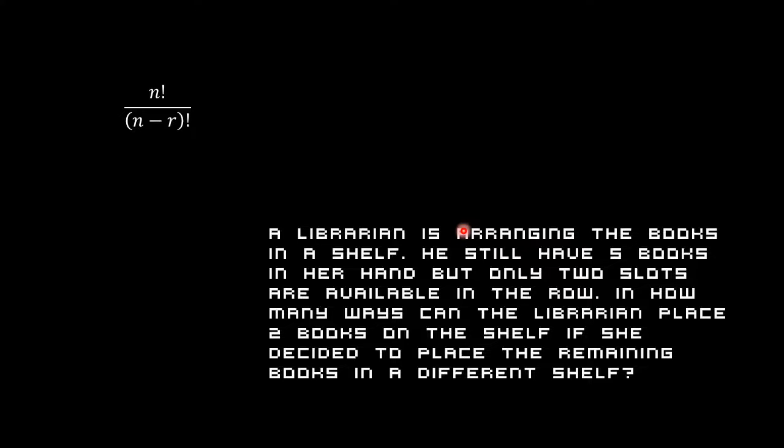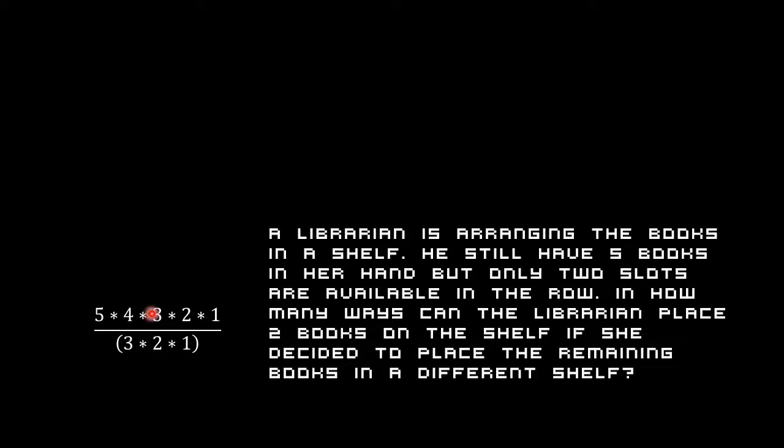So let's continue. Let's solve and let's replace the values of n and r, n being 5 since it is the number of choices we are to exhaust from. 5 being the number of books at the hand of the librarian, and 2 being the number of books she has to arrange. Let's expand. Since we have here a 5 minus 2, that's 3, and 3 factorial is as shown.